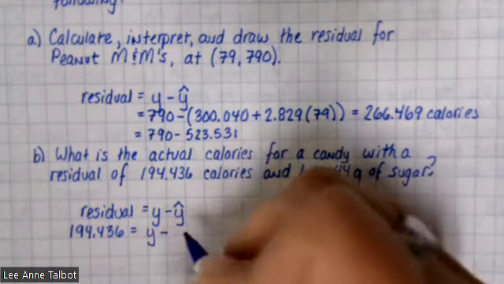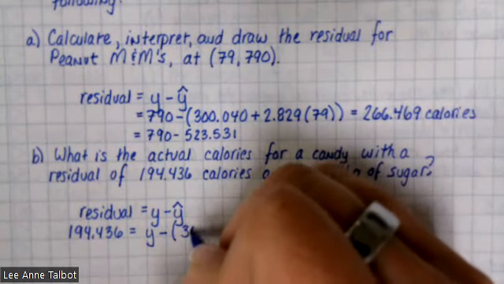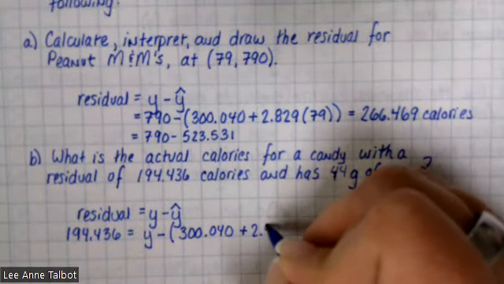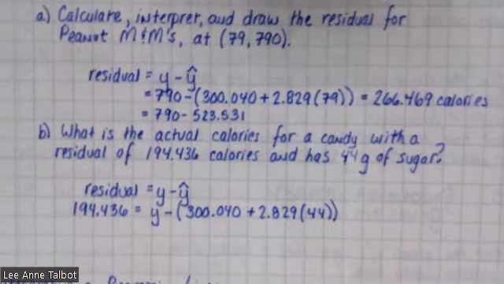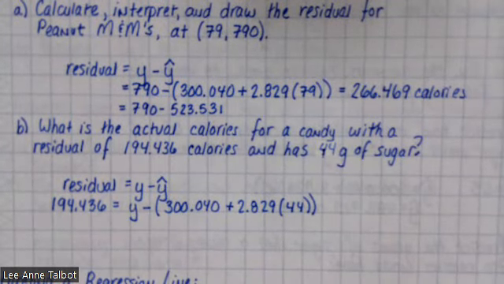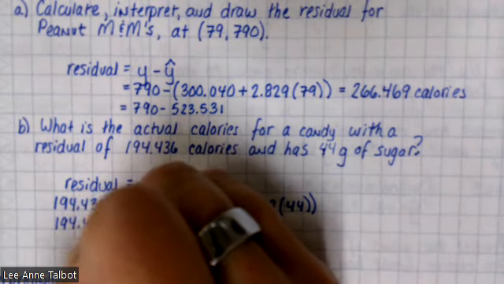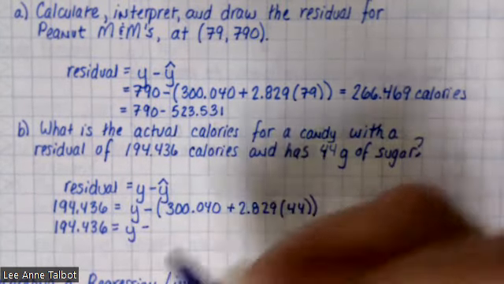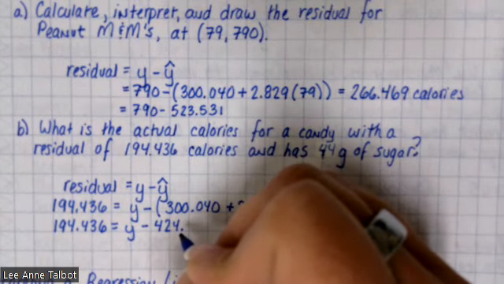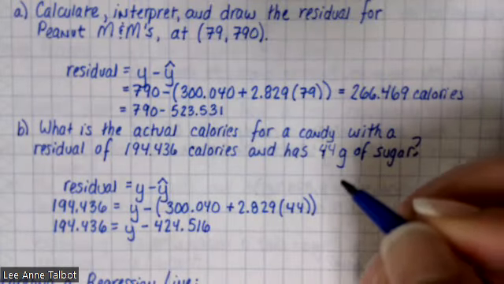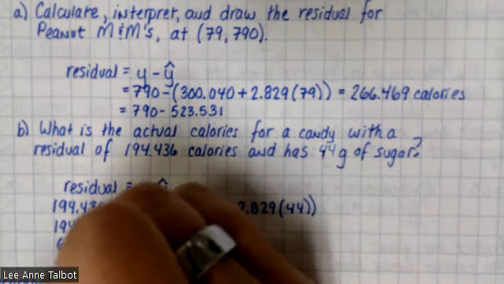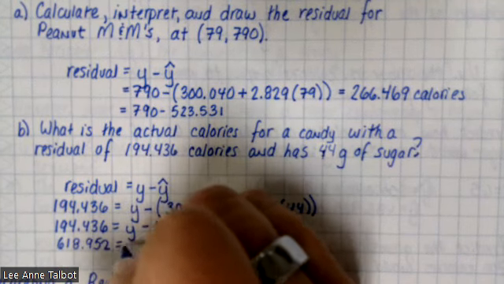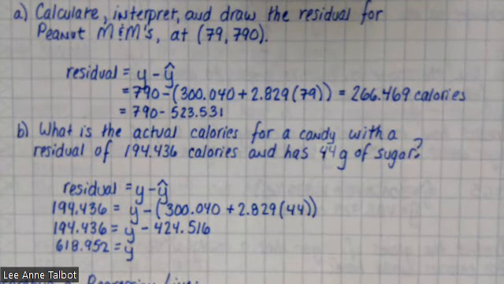So y minus, 44 grams of sugar, and then add to both sides. Look at us, we had to do algebra today.